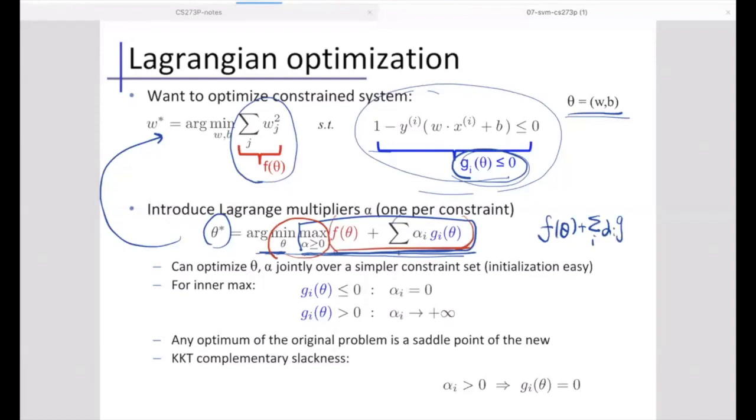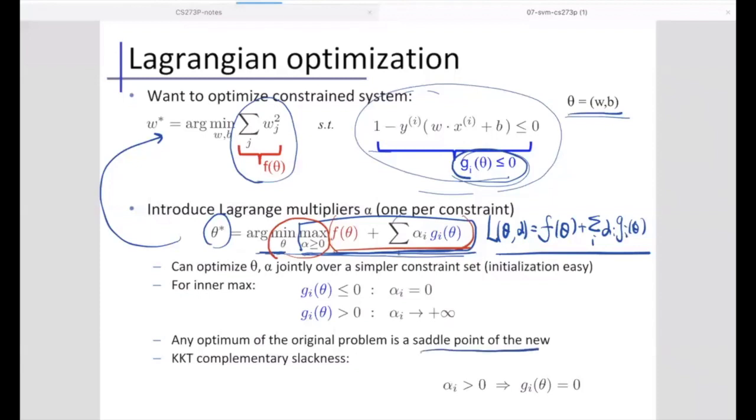So I can collectively think about it as a new function of both theta and alpha. The solution is this: I want to minimize over theta, while at the same time maximizing over alpha. So we're trying to find something called a saddle point of this problem.